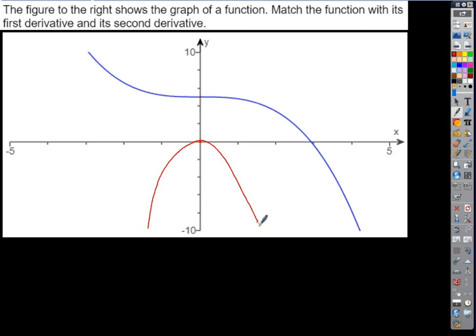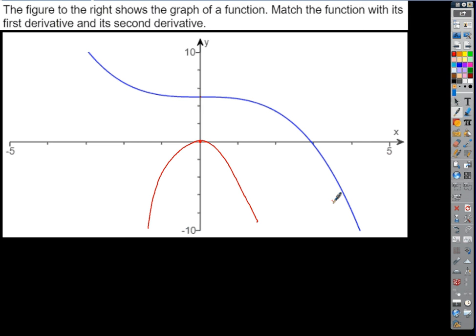Because look, up here the slope is negative and decreasing at a decreasing rate, and it gets to 0. It flattens out. And then to the right of that, it's 0, decreasing slowly, decreasing quickly, right? So it makes sense that it would be a parabola.